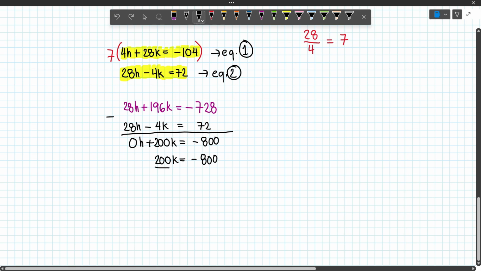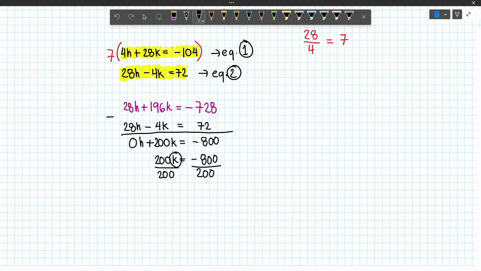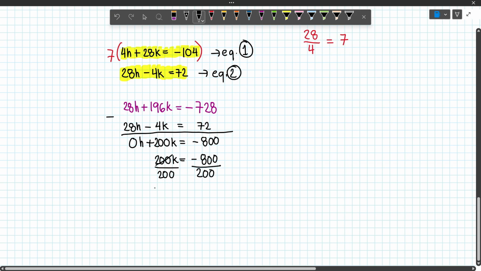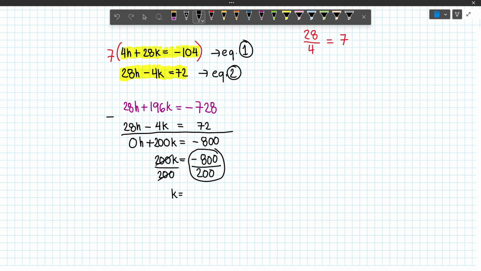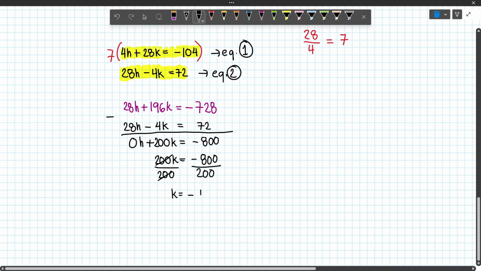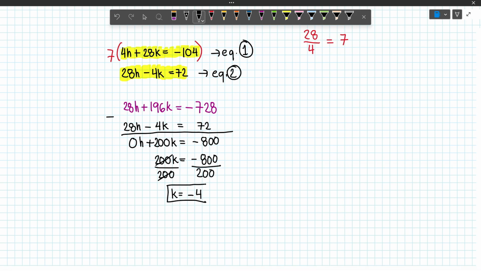So we have to divide this by 200 and also divide this by 200 so that only k will remain. So this will cancel. K equals negative 800 divided by 200 will give us negative 4. So this will be your k.